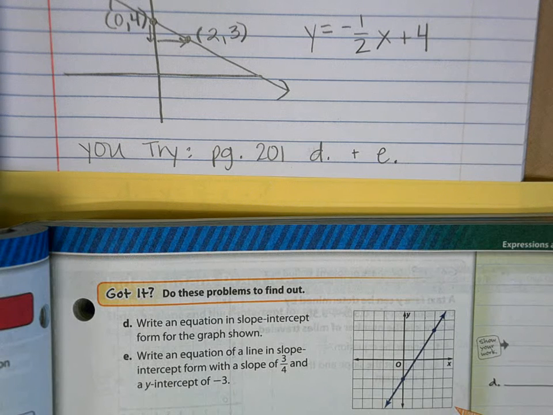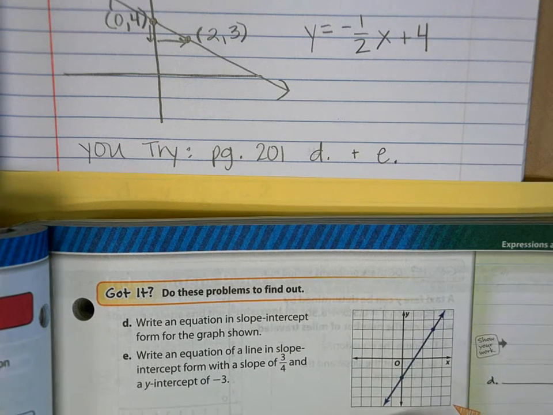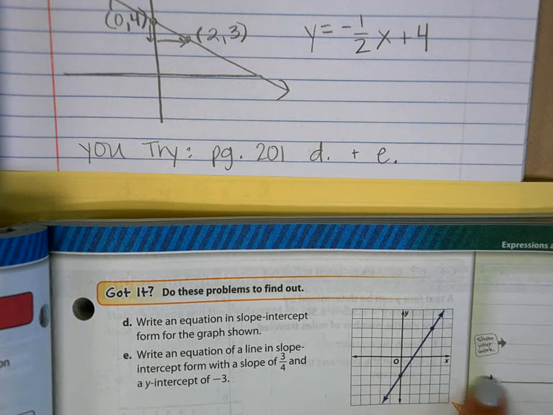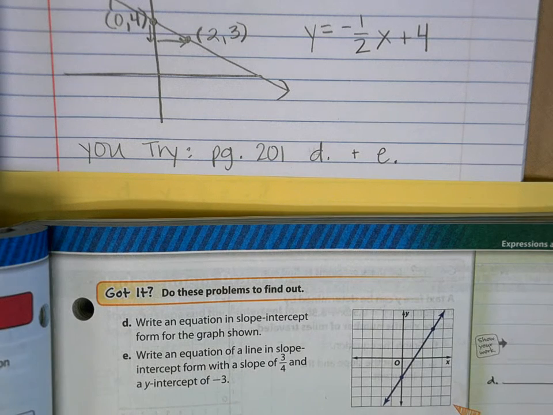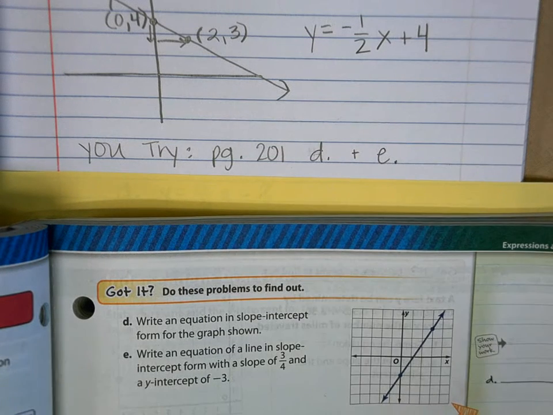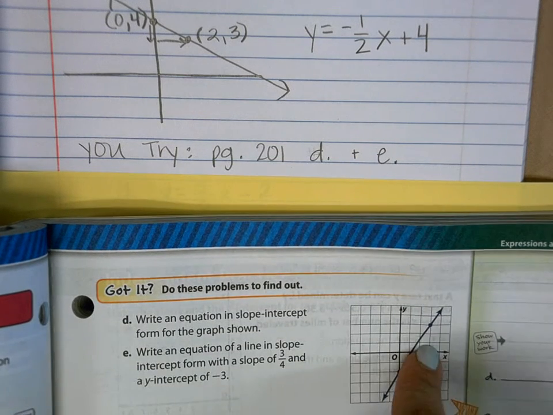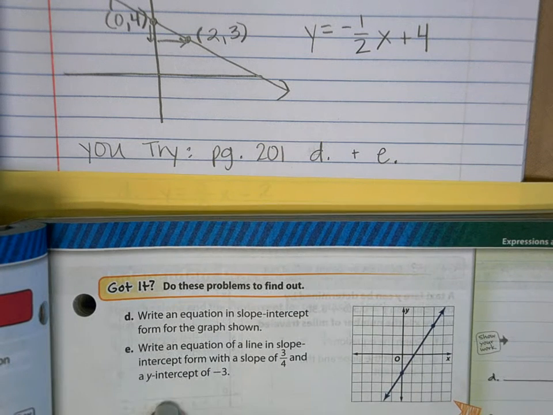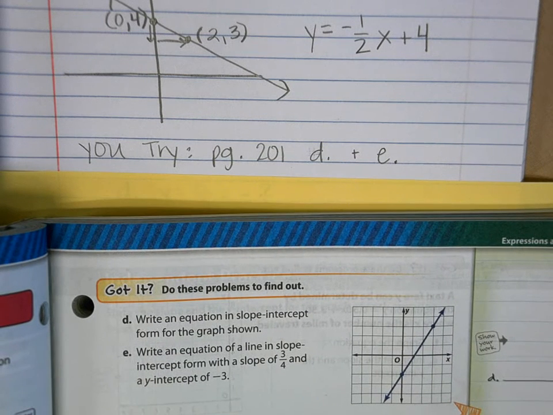Okay, so I want you to do that. You can write it right in your book right here. See the D and E on the side? That's where I want you to write your answer. Okay, so D is from the graph. E is just given the slope and the y-intercept. Write the equation. And again, it should look like y equals something x plus something. Okay, I'll give you a couple minutes.